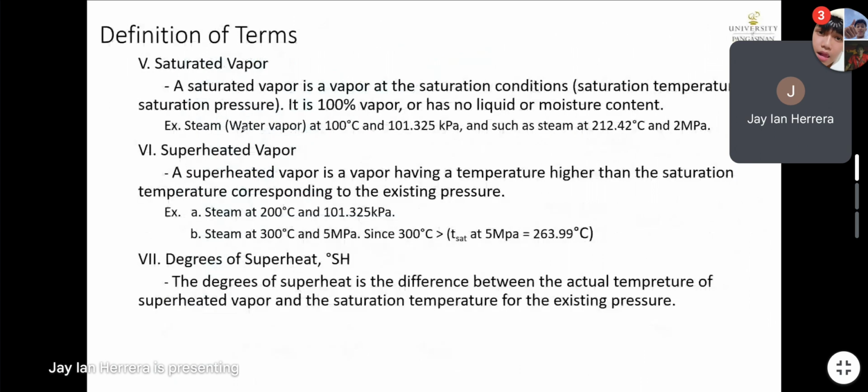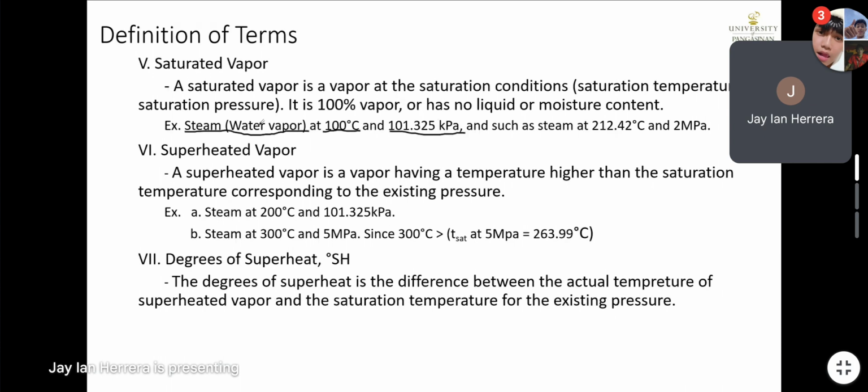And for example, steam or water vapor at 100 degrees Celsius and 101.325 kPa. And so dito daw, parang naging saturated vapor na yung tubig pag na-evaporate mo ng buo yung tubig at 100 degrees Celsius lang na temperature and 101.325.